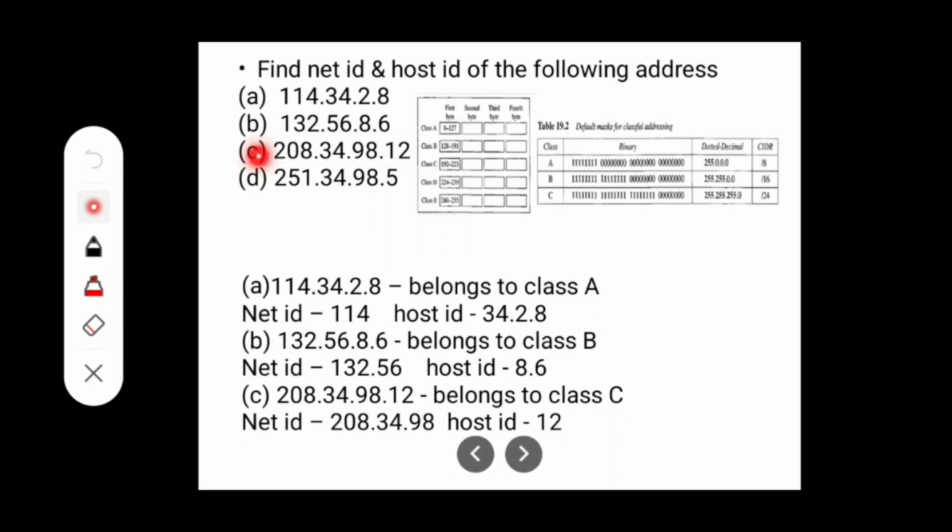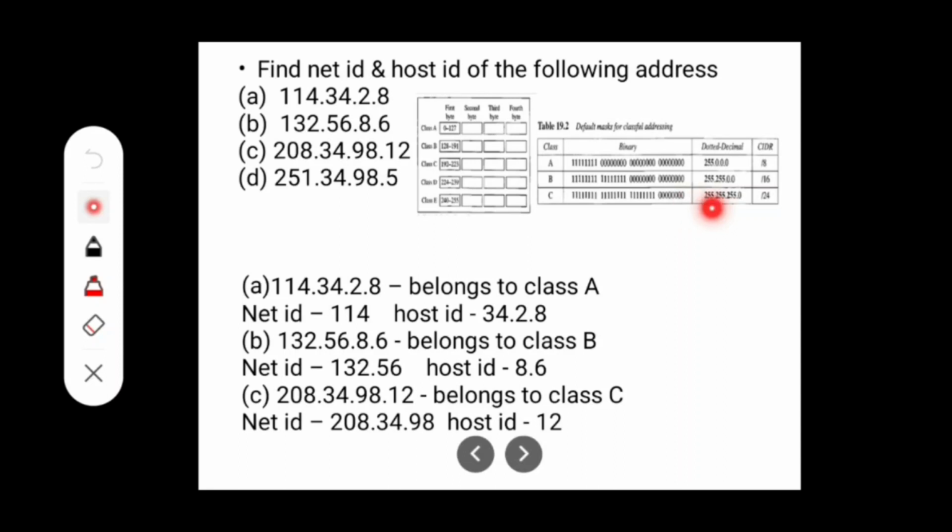Now the third question, 208.34.98.12. In which class does this belong? 208 comes under the range 192 to 223, so it is class C. In class C, the first 3 bytes represent the network ID and the remaining last byte represents the host ID.